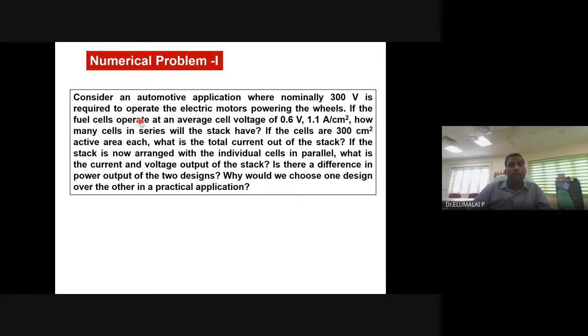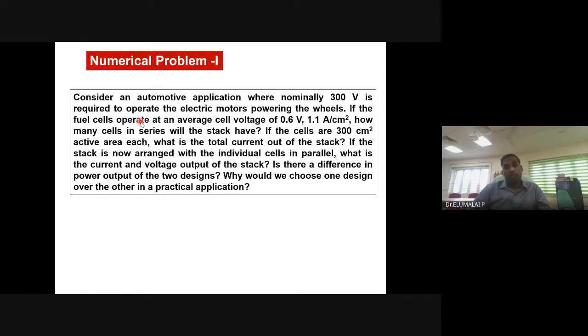The stacks are now connected in series. If the same fuel cells are instead arranged in parallel, what is the current and the voltage output of the stack? Is there any difference in power output of the two designs? Which one will you choose?